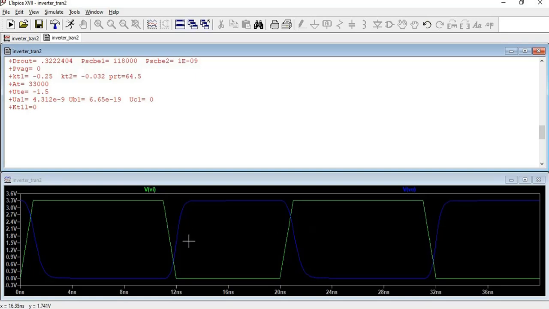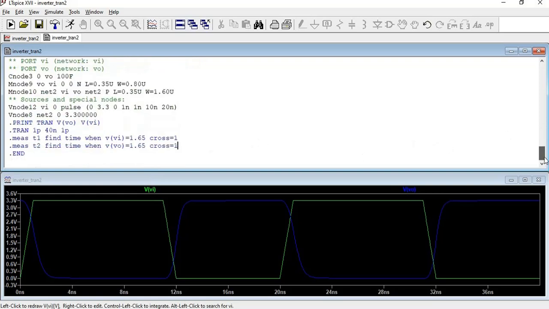If you're going to use the second and the fourth, that would be for the low to high transition. Going back to the netlist, this is T1 and T2. So we're going to solve for high to low.